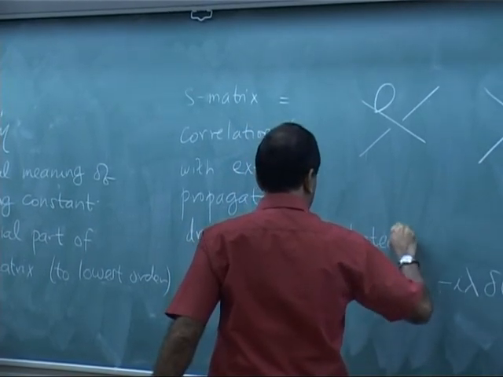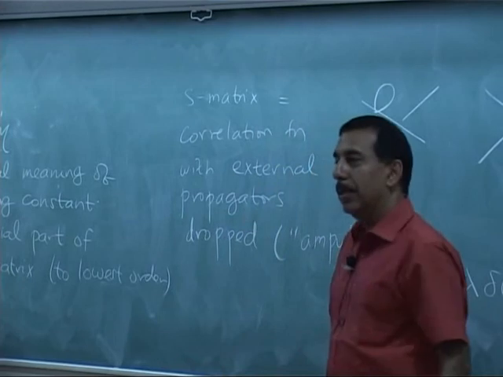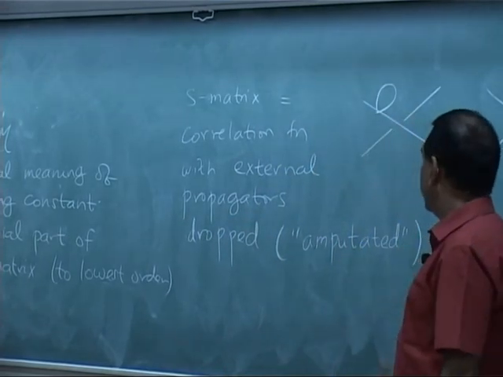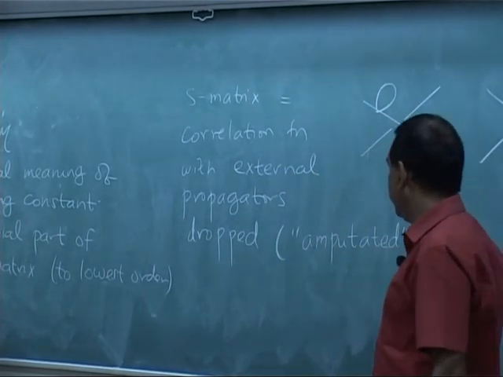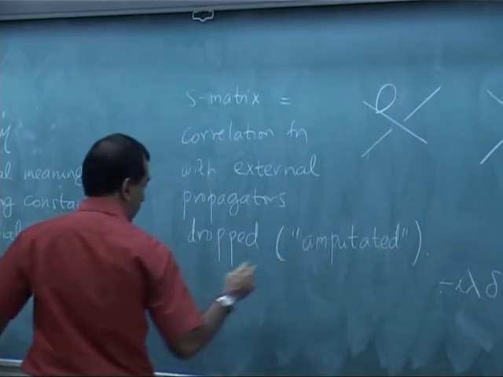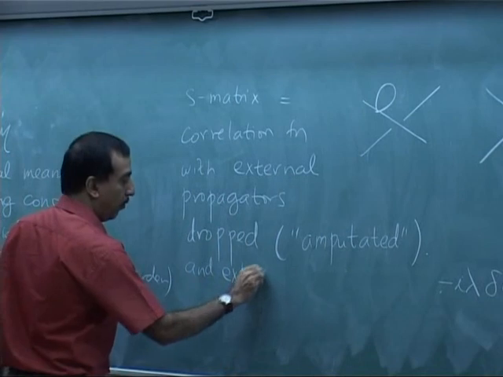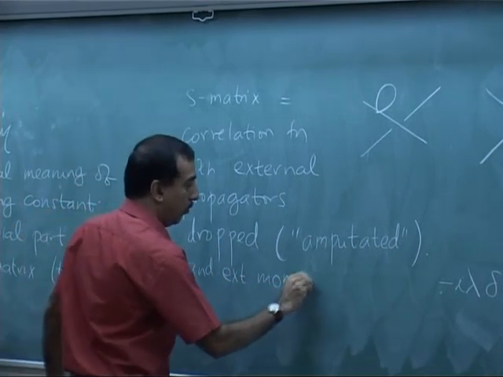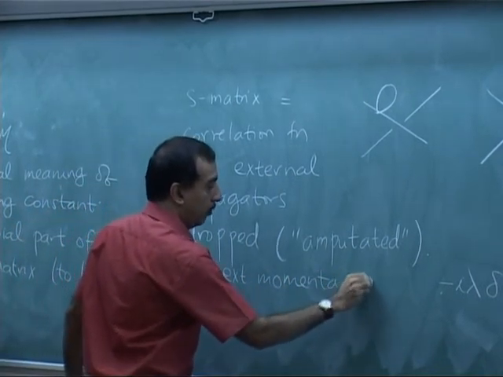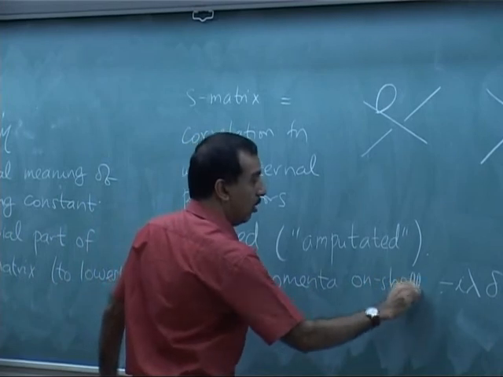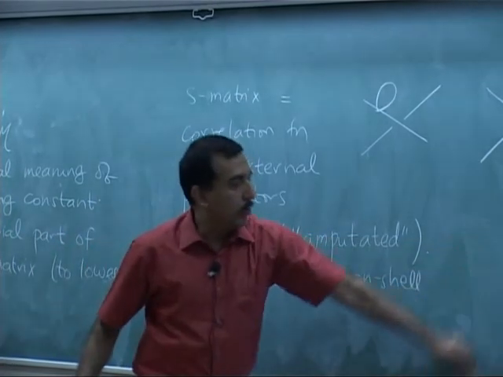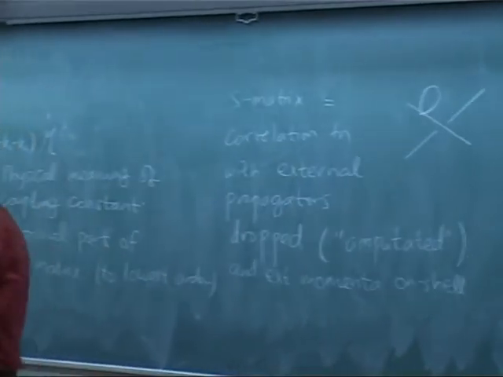And on Monday, we'll see an example explicitly where we'll calculate an S matrix term. So the external propagators are dropped and external momenta are on shell. That means all the external particles now are real physical particles with k squared equals m squared.